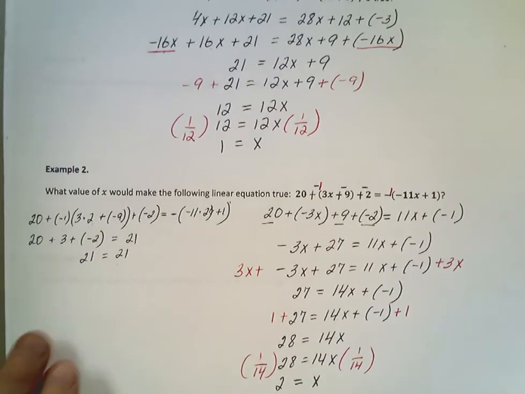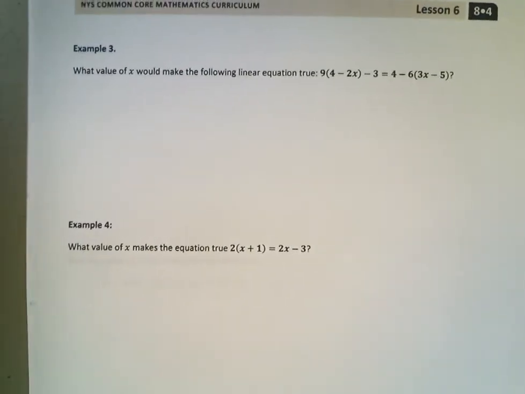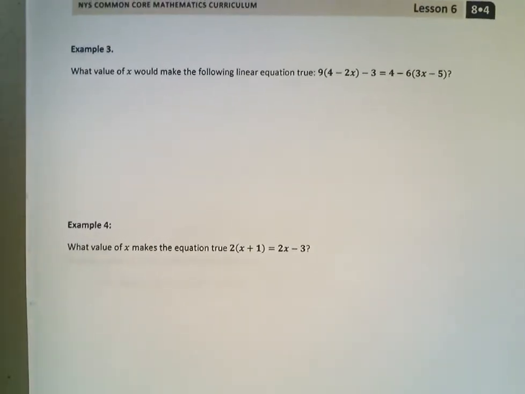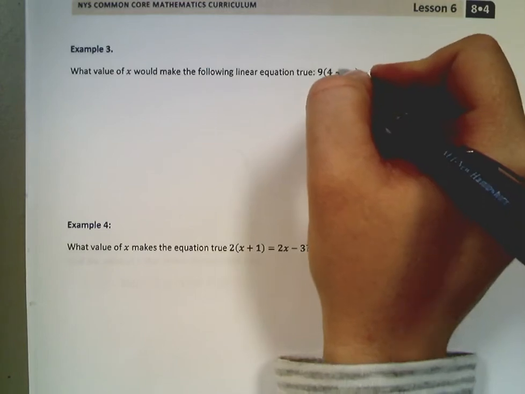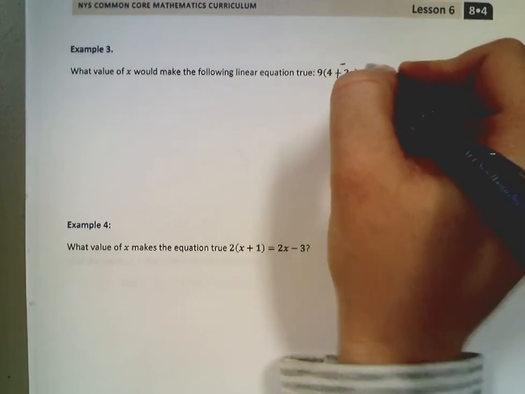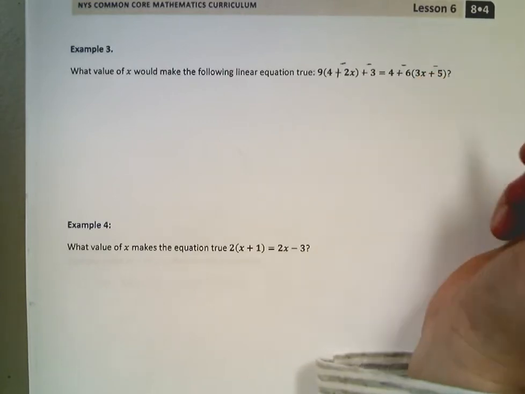Okay, let's move on. Example 3. Exactly the same process here. So opening parentheses, first we are changing subtraction into addition of the opposite. Make sure you do have that step done because it does get confusing when you don't.